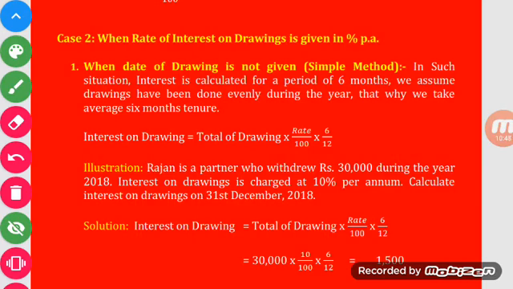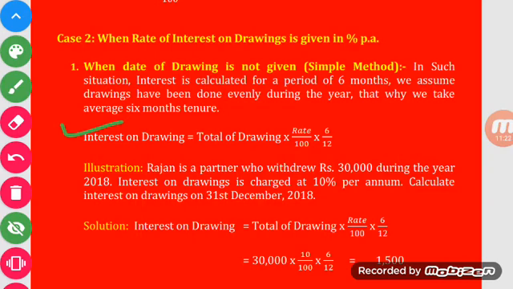Whenever the date of drawing is not given, average 6 months interest will be charged as interest on drawing. We assume drawings have been done evenly during the year, that's why we take the average 6-month tenure.